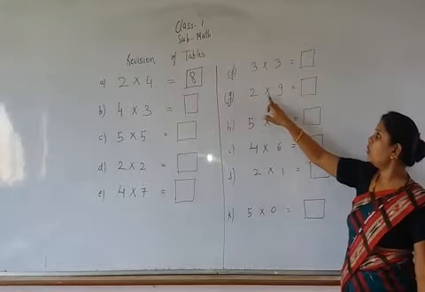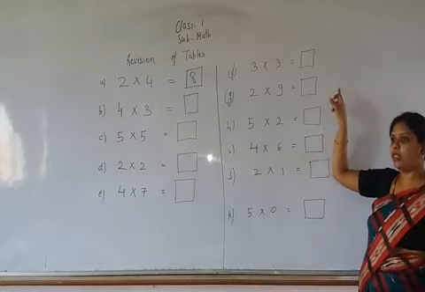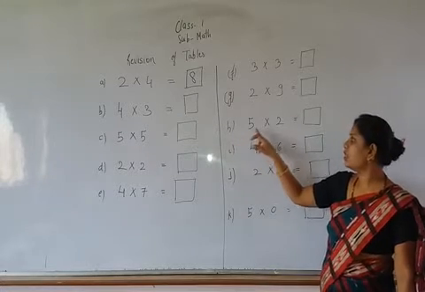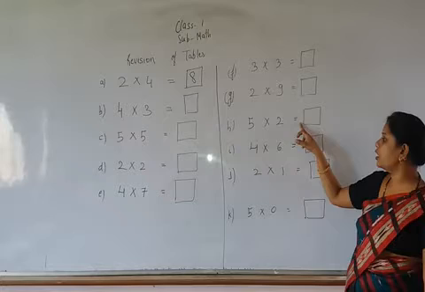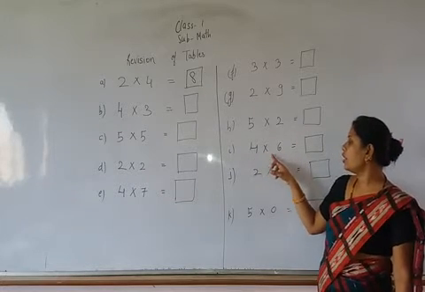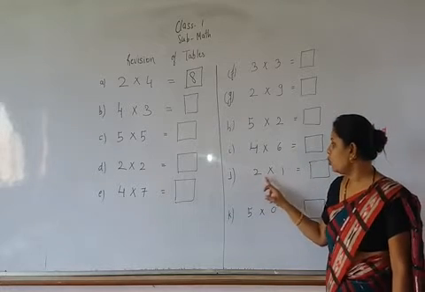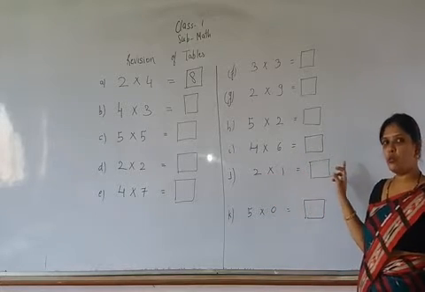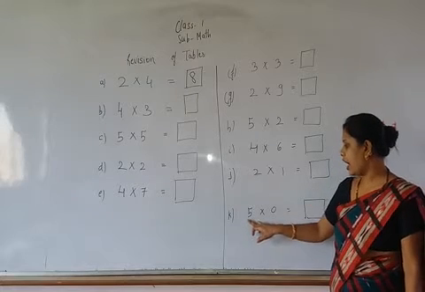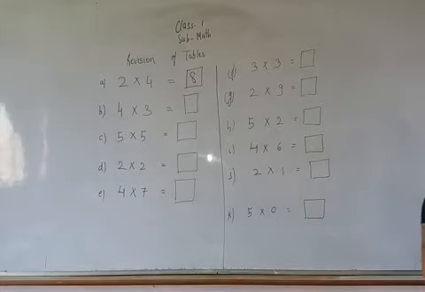G. 2 into 9 is equal to dash. H. 5 into. Then we will write the solution.